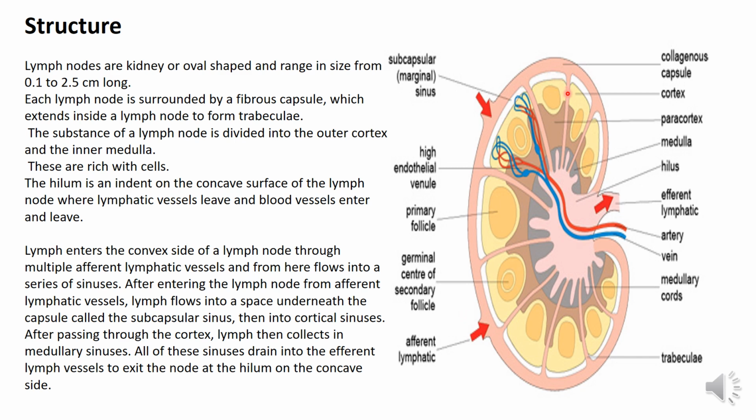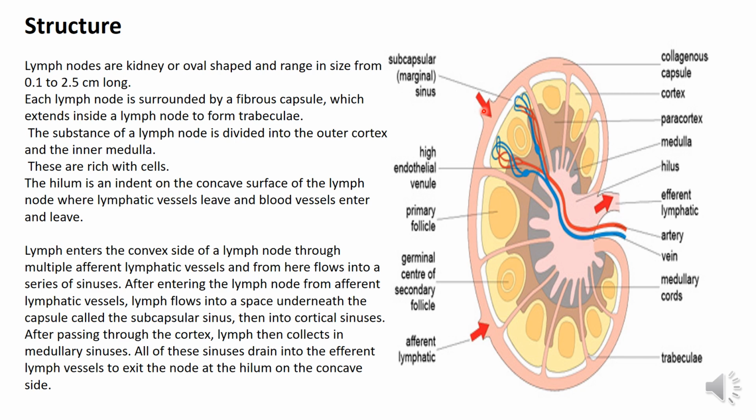After passing through the subcapsular sinus, it enters the cortical sinus. After leaving the cortical sinus, it lastly enters the medullary sinus, where it is collected together and leaves the lymph node through efferent channels.